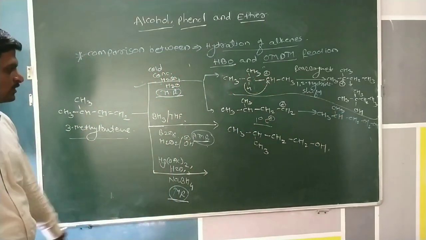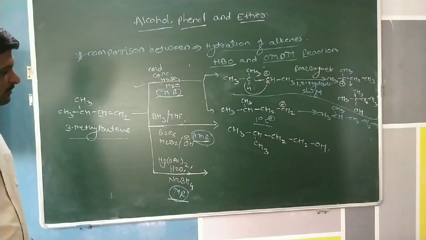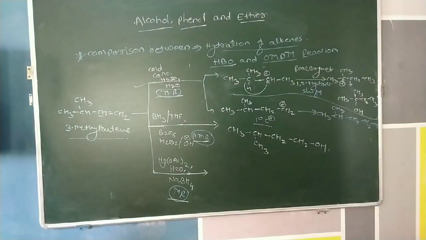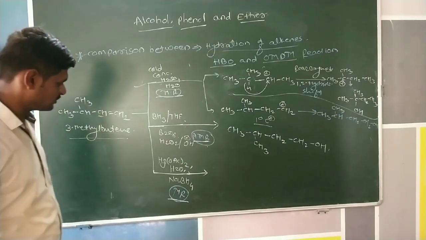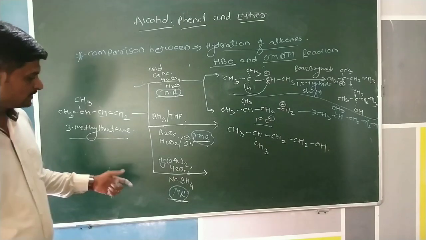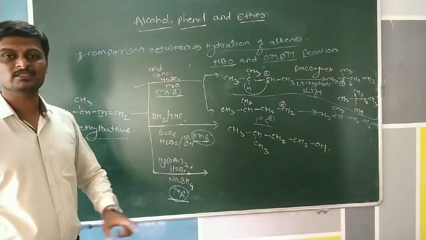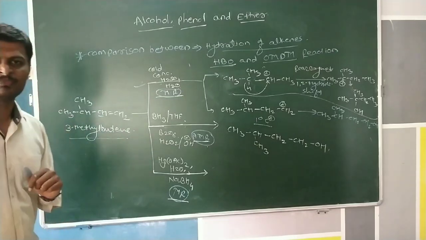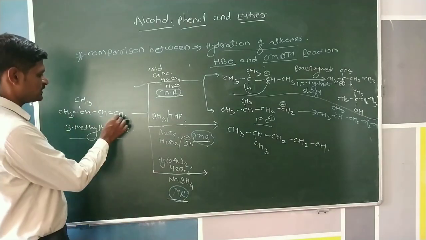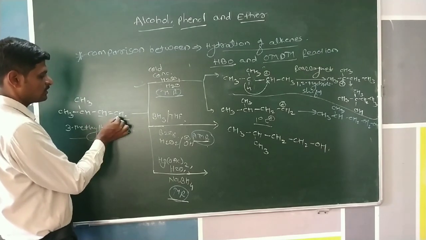In the case of oxymercuration and demercuration, that is the OMDM reaction, the alcohol is formed according to Markovnikov's rule. But in this reaction, no rearrangement reaction is possible, because carbocation does not form. There is no formation of a positive charge.